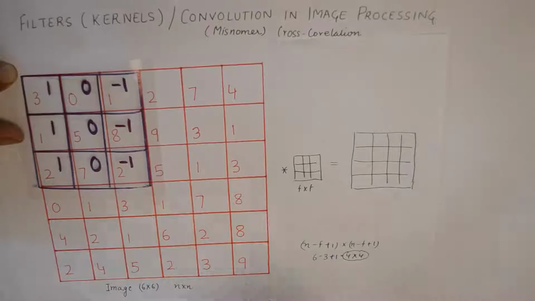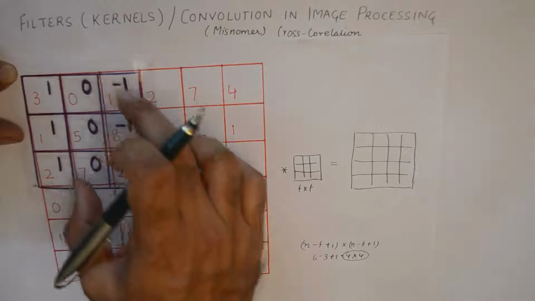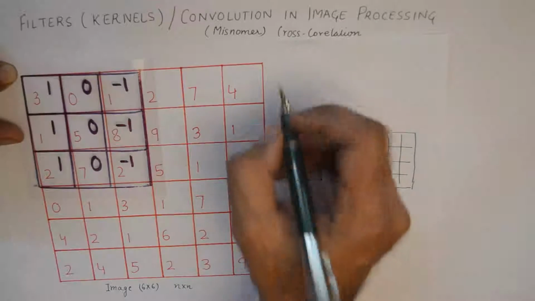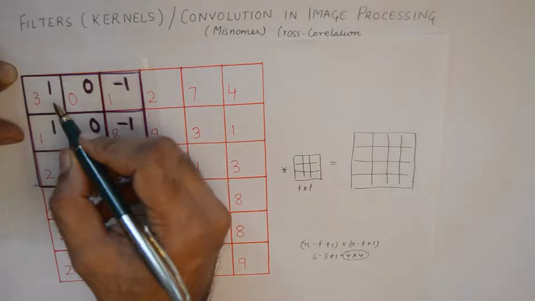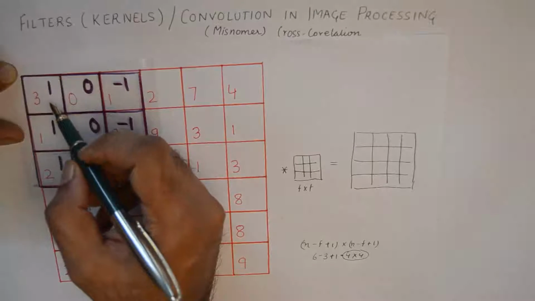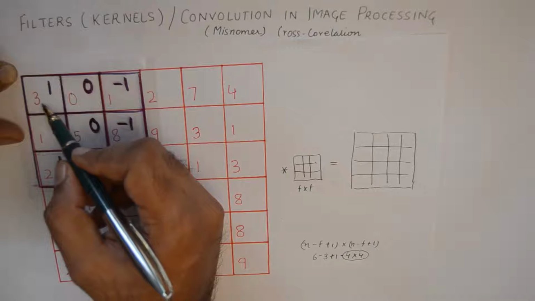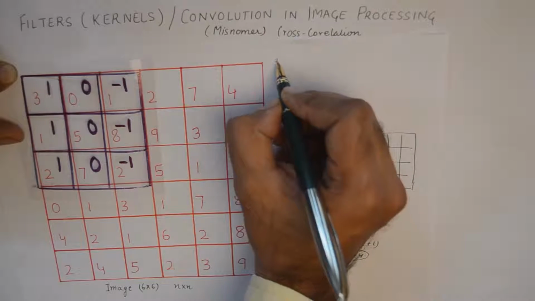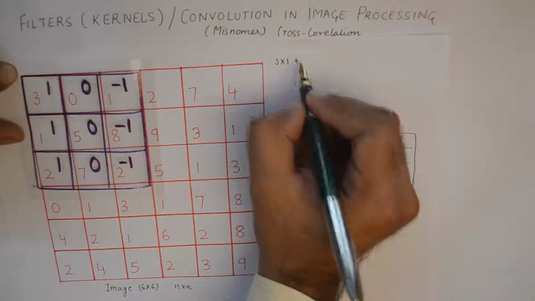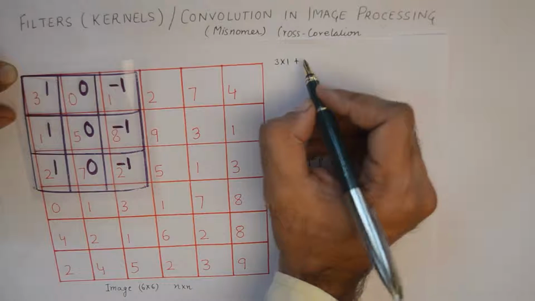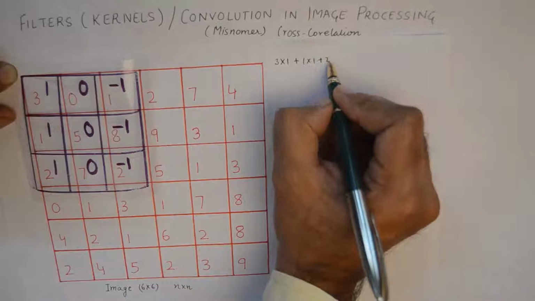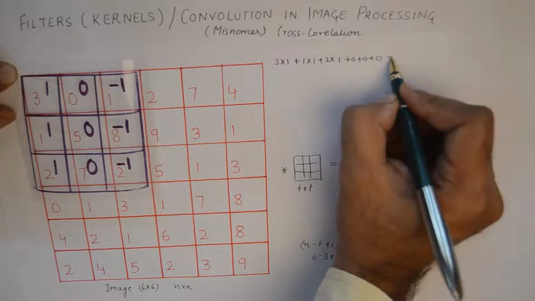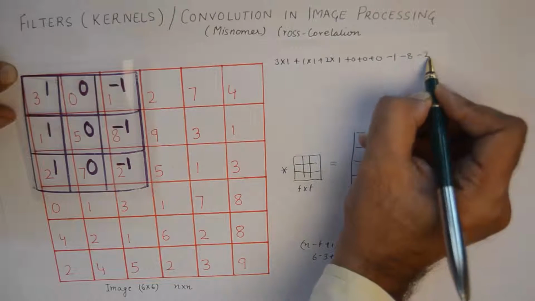Once we have placed this filter matrix on top of the image in such a way, we simply need to multiply the value of the pixel with the value of the filter. So this is going to be 3 into 1, and we're going to add all these values: 3 into 1, 1 into 1, plus 2 into 1, then 0 plus 0 plus 0, then a minus 1, minus 8, minus 2.